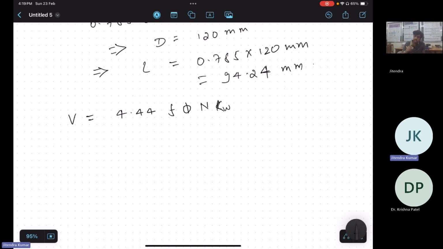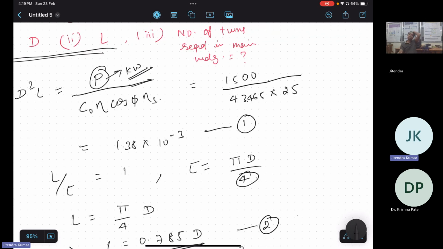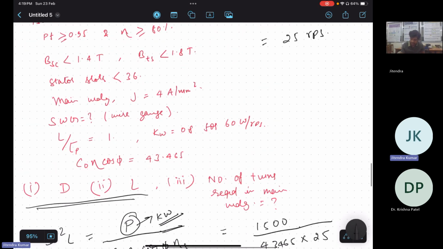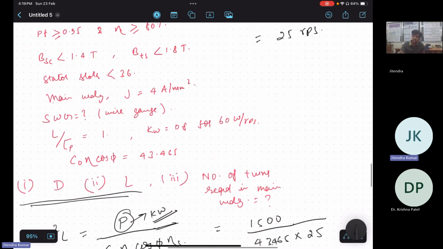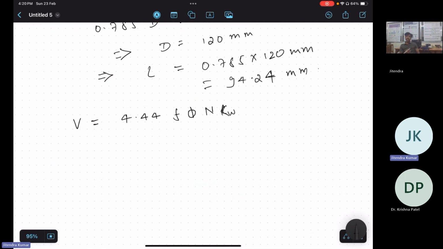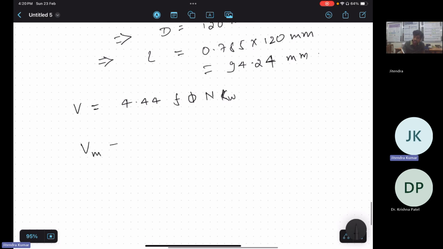Now, here we are being asked only the number of turns in the main winding. If no information is mentioned, you can consider that 95% of the windings are in the main winding. So generally the voltage in the main winding is 0.95 times the supply voltage. How can we consider 95%?